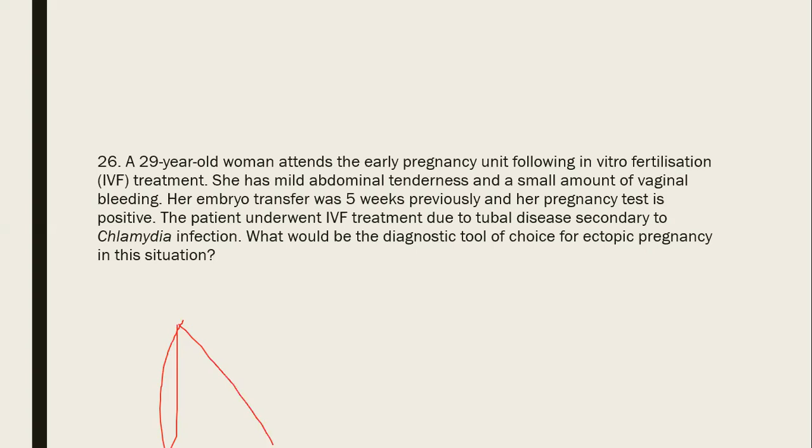What would be the diagnostic tool of choice for ectopic pregnancy in this situation? Vaginal ultrasound. Yes, transvaginal is the choice for any ectopic.